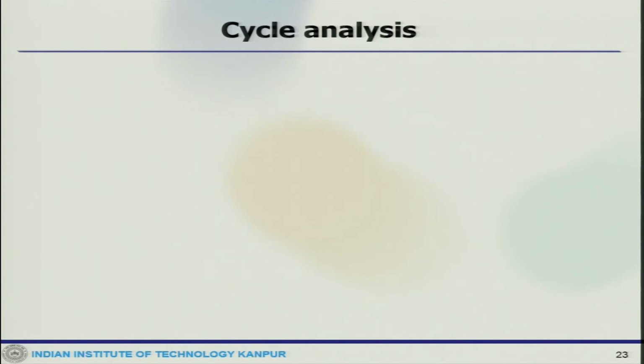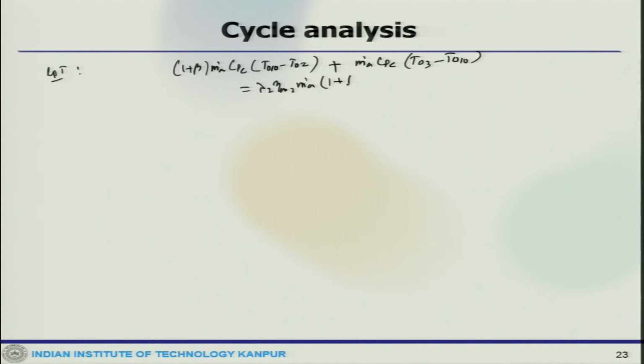That means in the LPT section, (1 plus beta) m dot A Cpc (T naught 10 minus T naught 2) plus m dot A Cpc (T naught 3 minus T naught 10) equals lambda 2 eta m2 m dot A (1 plus F minus B) Cph (T naught 6 minus T naught 7). So, if there is a bleed, then the whole analysis between those stations has to be changed.